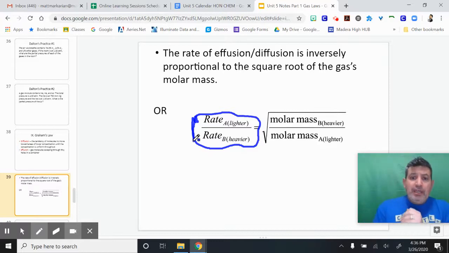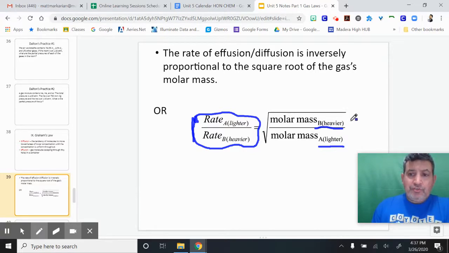We have a comparison equation here that we use. We take the heavier gas and put its molar mass on the top, and the lighter gas goes on the bottom. So heavier gases on the top, lighter gases on the bottom. We divide those two numbers, and then we take the square root of it.